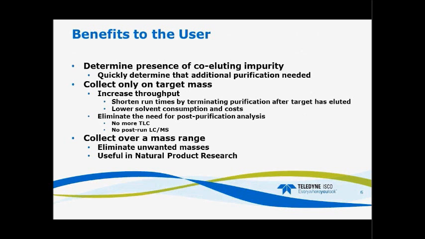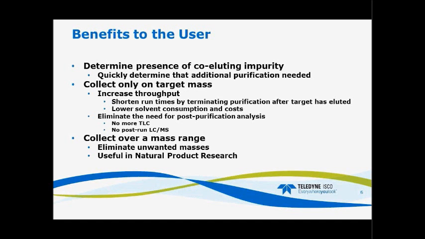And this just summarizes what the benefits are to the users. First, you can determine the presence of a co-eluting impurity. Oftentimes, if you look at a UV peak, compounds either totally co-elute or partially co-elute, where you have maybe a shoulder in the front or the back.